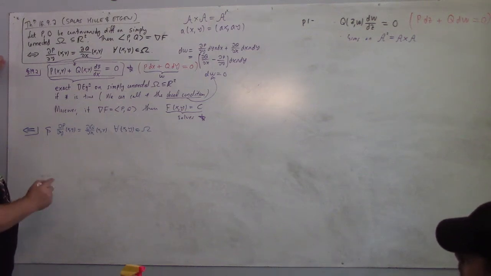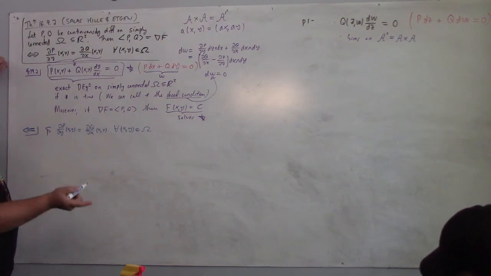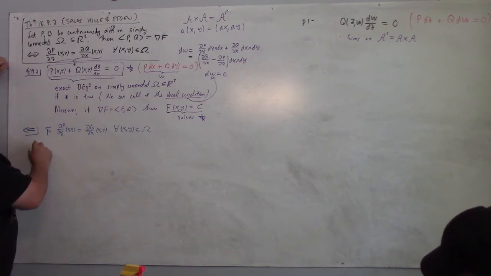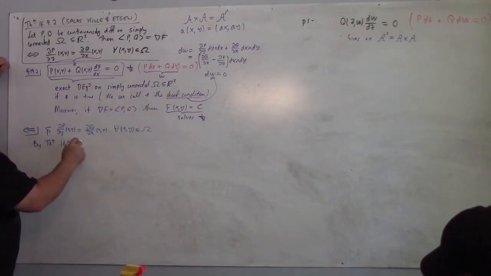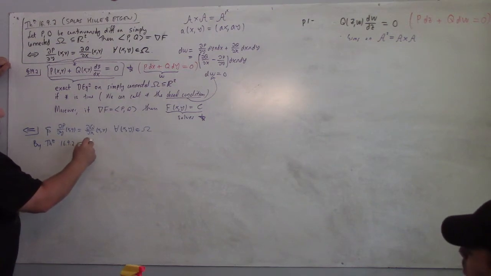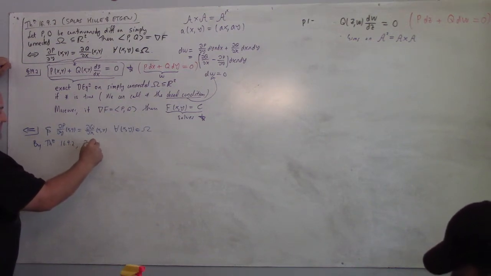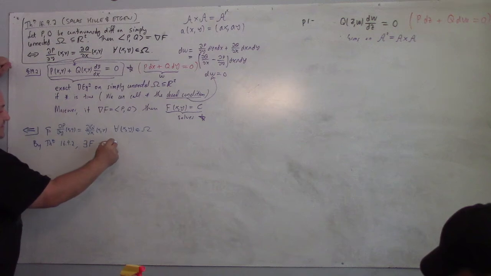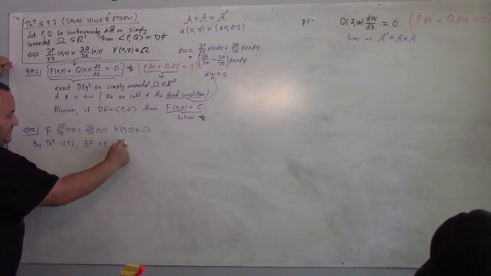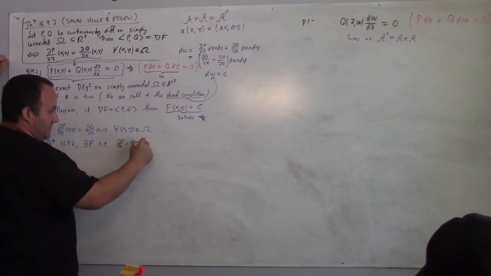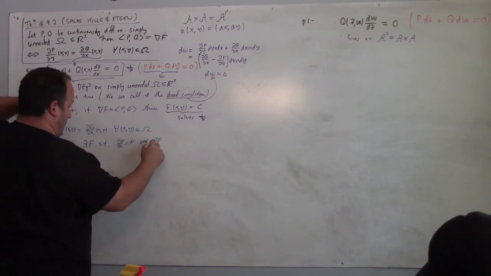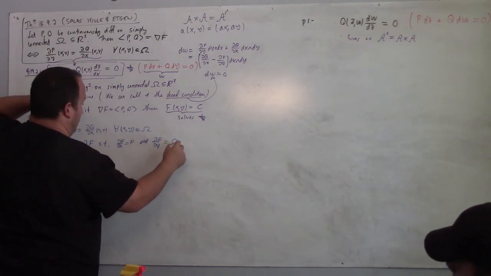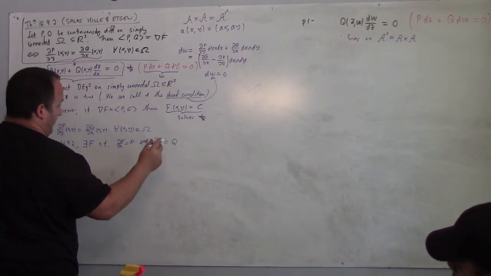Right, so by theorem 16.92, there exists f such that partial f, partial x equal to p, and partial f, partial y equal to q, on the omega.